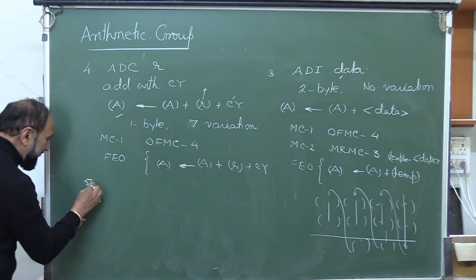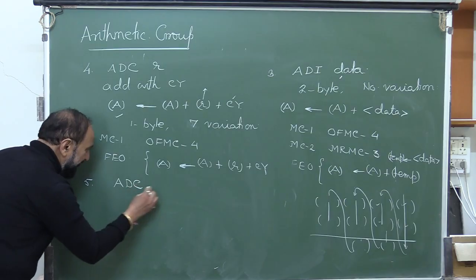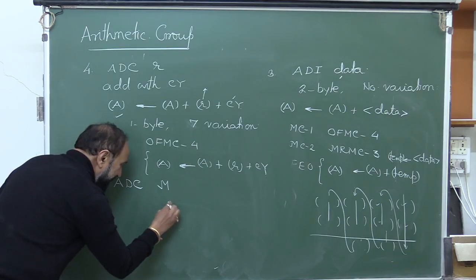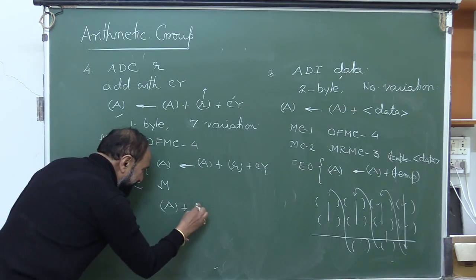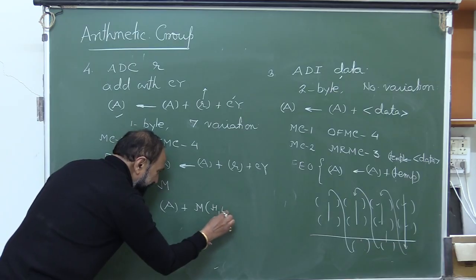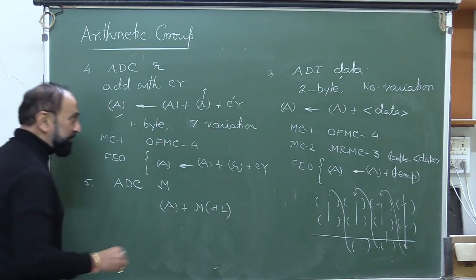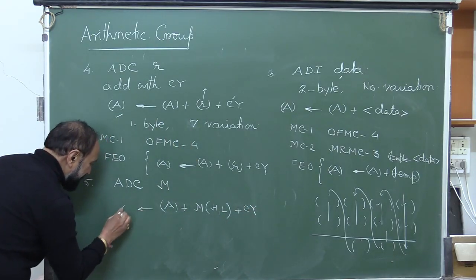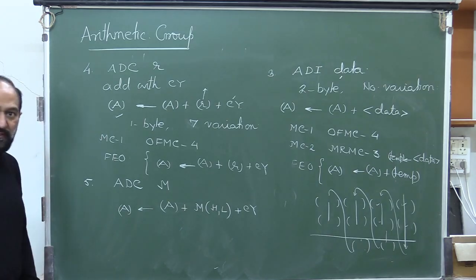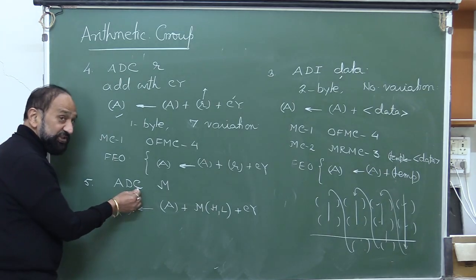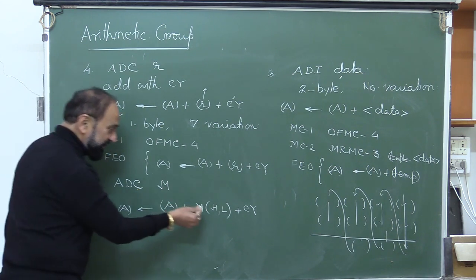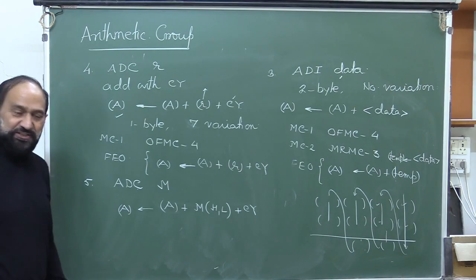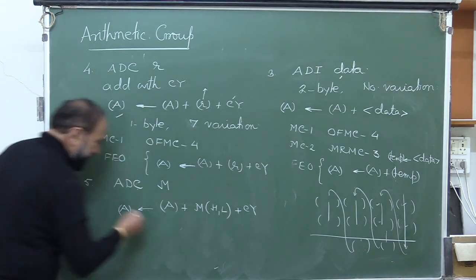You can have the second operand in a memory location pointed by the HL register pair. So add accumulator with the contents of the memory location pointed by HL register pair with carry, and then the result is stored in accumulator. First the instruction is decoded, then the second operand is read from the memory, and then during fetch execute overlap the addition takes place.